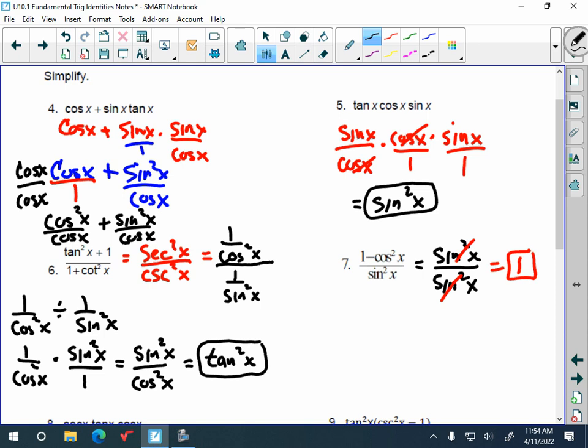I can't combine those together yet, but I can bring it on top as one fraction. So cosine x gets carried across. On top, I have cosine squared plus sine squared.